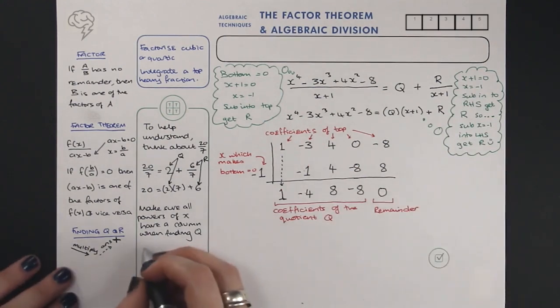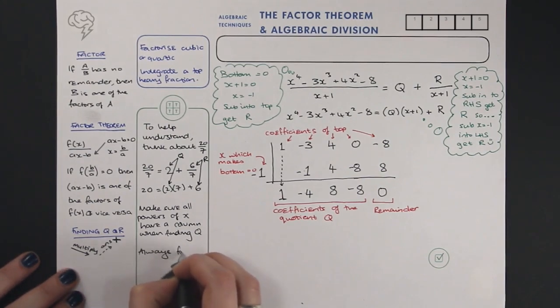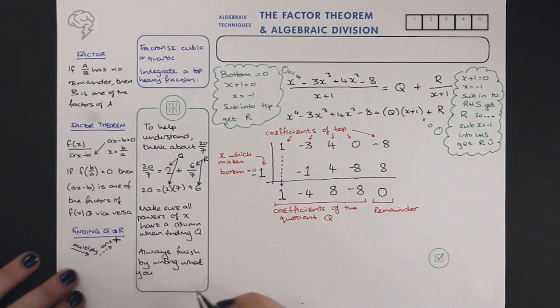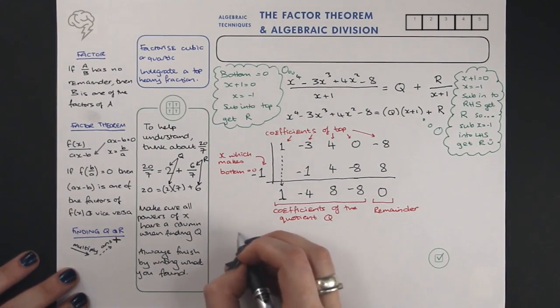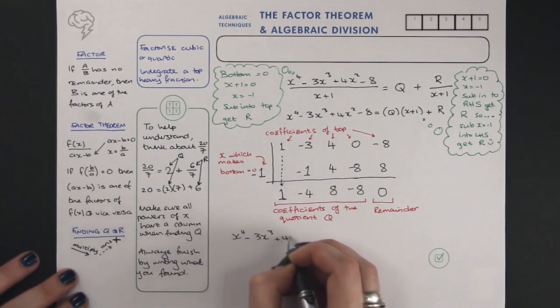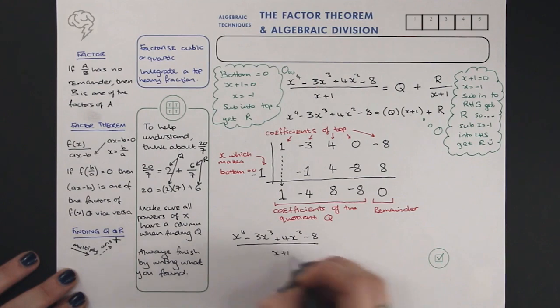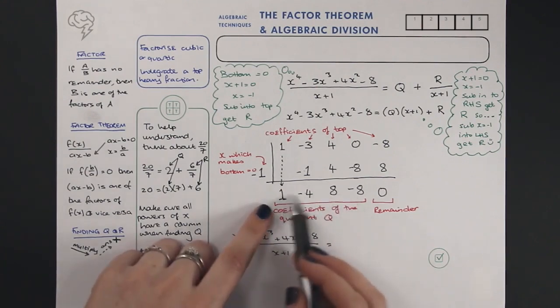So, last top tip for this video is that you have to always finish these questions by writing what you found. Don't stop there. And don't just write the quotient. What have we actually found? We found out that x to the 4 minus 3x cubed add 4x squared minus 8 divided by x plus 1 is equal to this quotient.